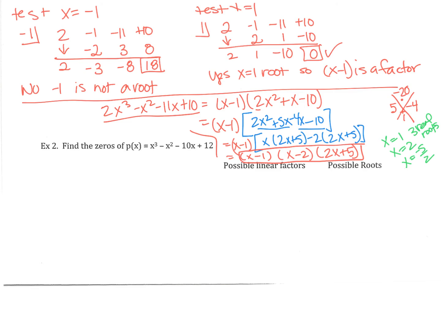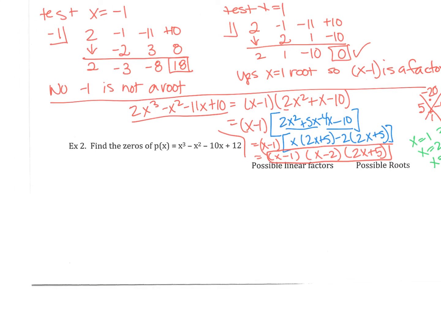And you're going to just have to use synthetic division to find out which one you want to use, just like I did up above with negative 1 and 1. So I'm going to cross that out since we're not doing that at this time. You're not going to list all these this year. I wanted you to know the rational root theorem. That's how I try to figure out some of this stuff.